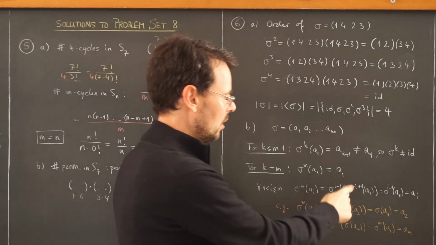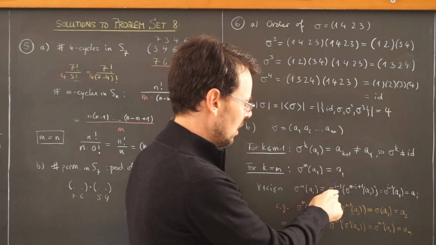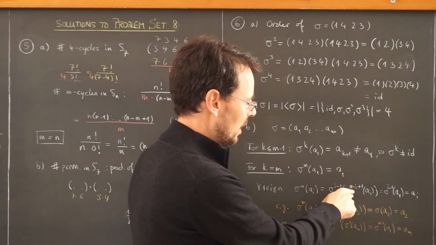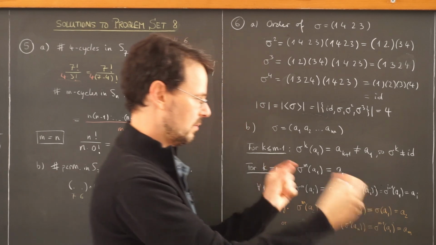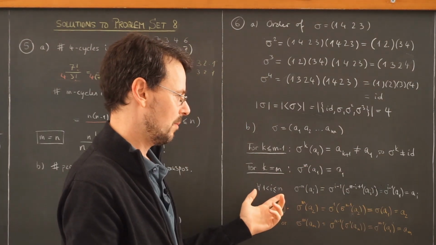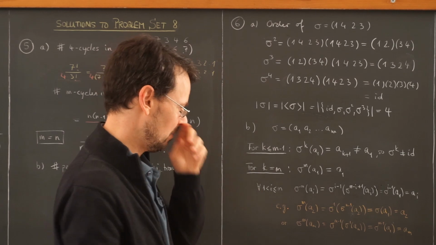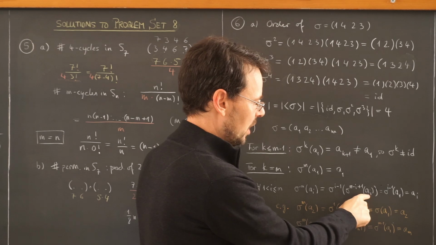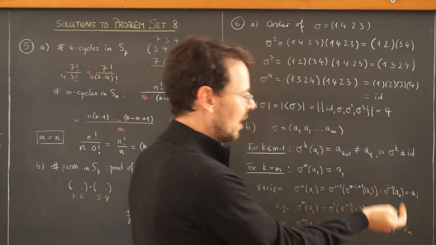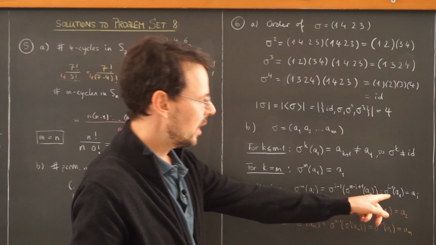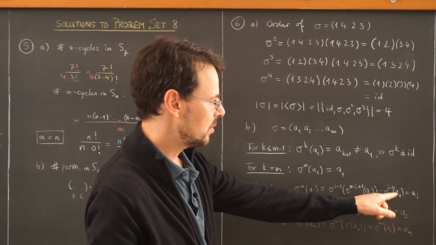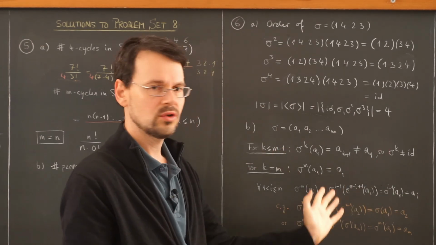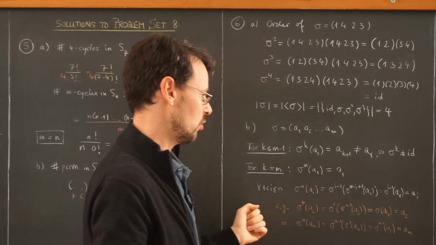So now we decompose sigma to the m. m can be written as i minus 1 plus m minus i plus 1. If you put that all together, you simply have m. Now, why? Because if I apply the second part to ai, I end up with a1. And if I apply sigma i minus 1 times to a1, a1 simply gets pushed to ai. This is what I wanted to show.